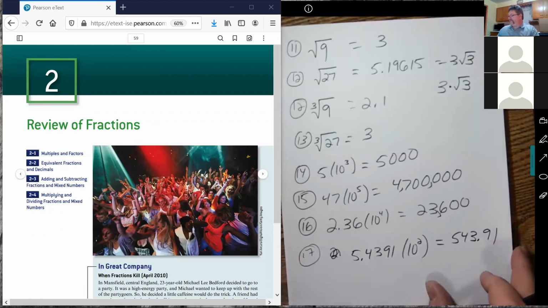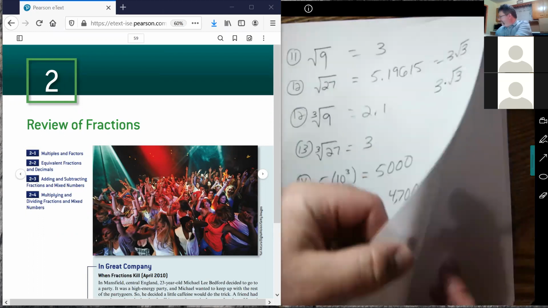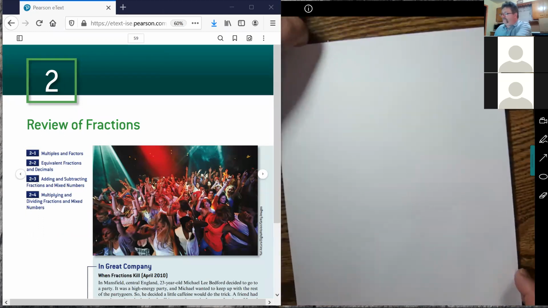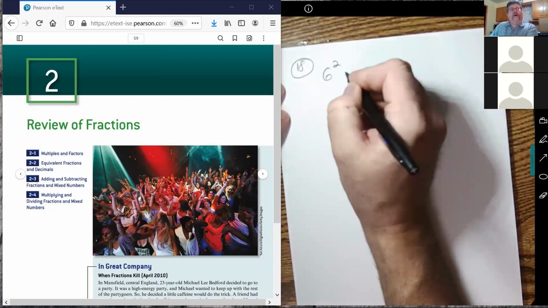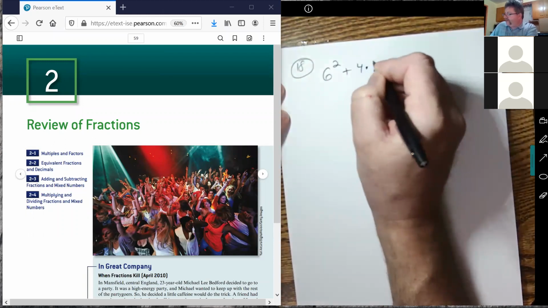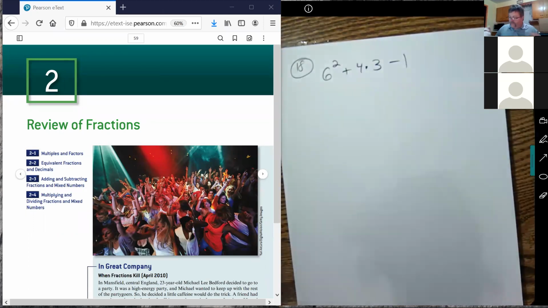All right. Order of operations, number 18. 6 squared plus 4 times 3 minus 1. Parentheses, exponents. Multiply and divide go together. Add and subtract go together.